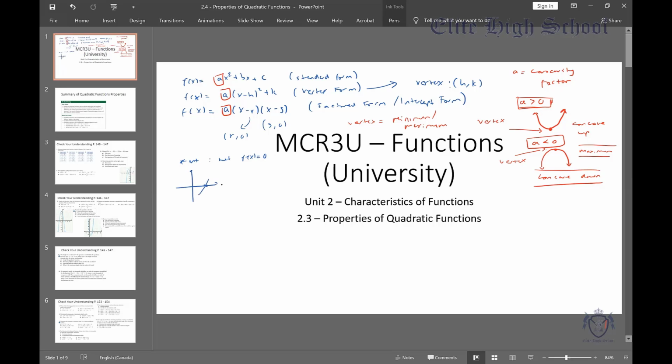This is basically where y is 0, so you let f of x equal 0. To solve for the y-intercept, you just let x equal 0. So in your equation, you're just plugging in f of 0 to find your y-intercept. So hopefully you have an idea what y- and x-intercepts are.